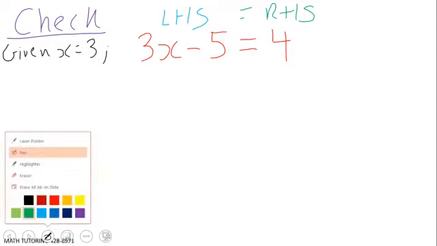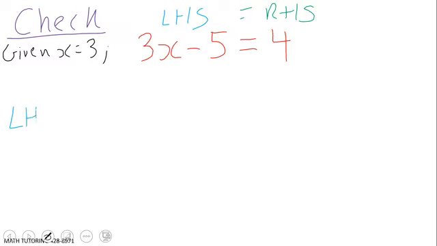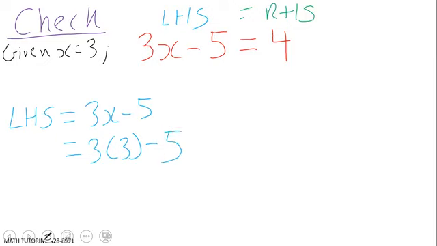The left-hand side is 3x minus 5, but we know that x equals 3, so 3 open bracket. We're not going to put x, we're going to put 3 because that's what x is, minus 5. And this is going to be 3 times 3 equals 9, minus 5. But what is 9 minus 5? Oh, 9 minus 5 is what? Look at that.